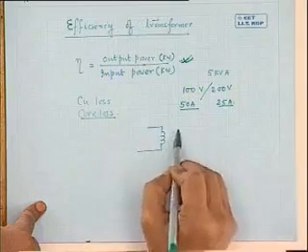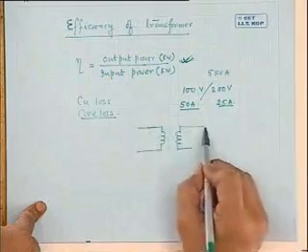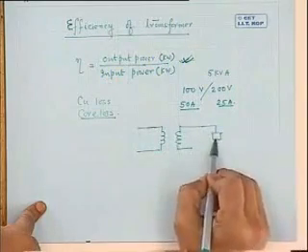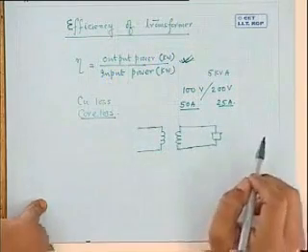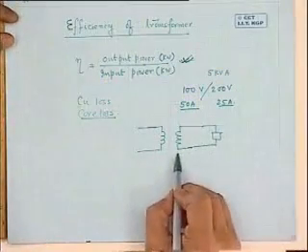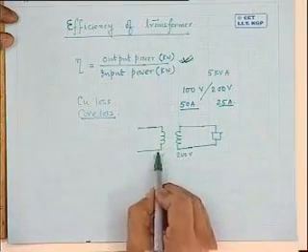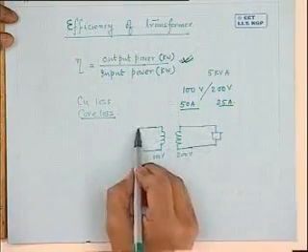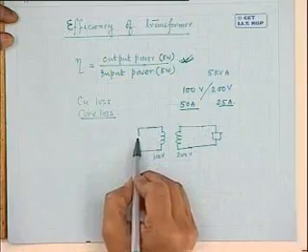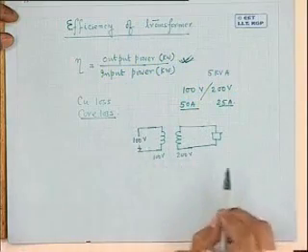Now this transformer will be loaded by connecting some impedance on the HV side, the 200 volt side; this is the 100 volt side. During the load test you apply 100 volt here.